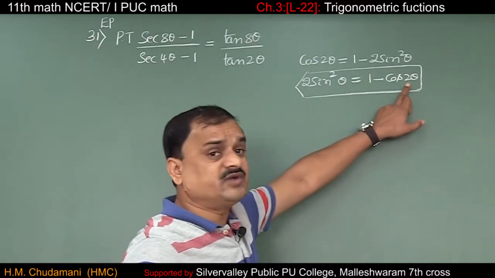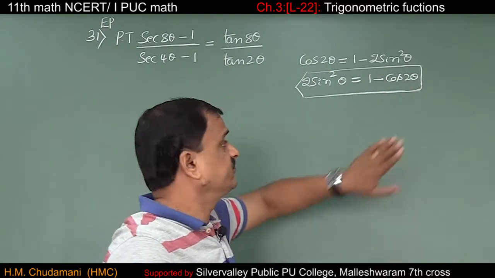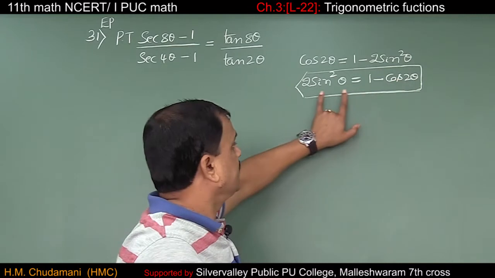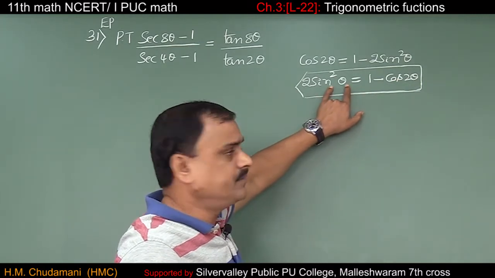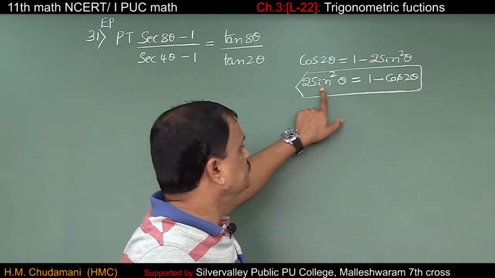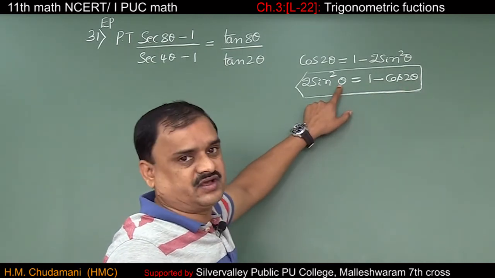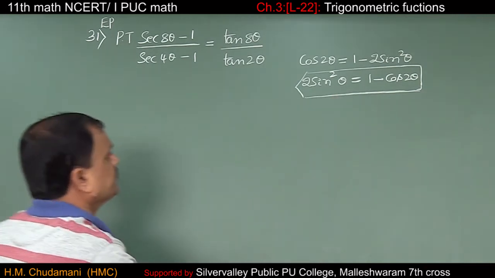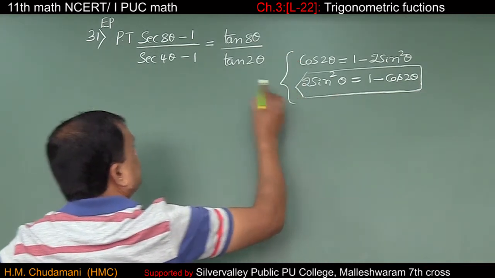Suppose if it is 1 minus cos 4 theta, it is 2 sine square 2 theta. 1 minus cos 8 theta means 2 sine square 4 theta, half of the angle. Okay. So this is the formula.